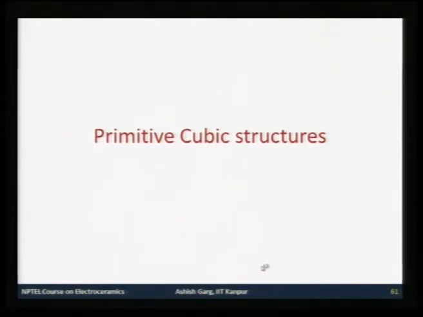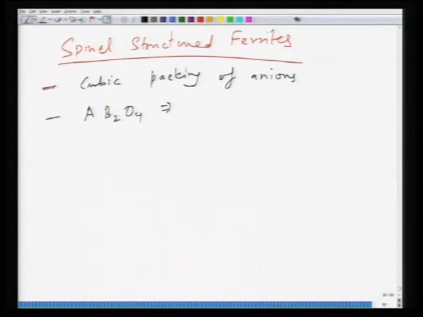So let's go back to what we were discussing earlier. Essentially what you have is the AB2O4 structure. So you can have normal spinel, or you can have inverse spinel.